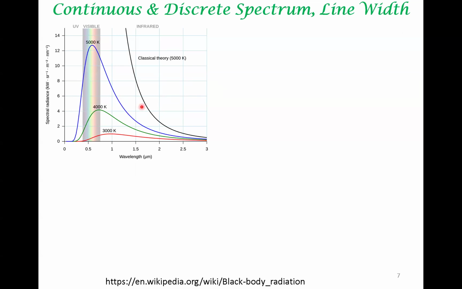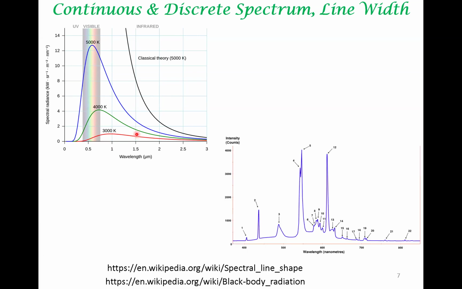We won't go into the microscopic reasons why that is so, but this is a good example of a continuous spectra. As opposed to that, the spectra from an alpha decay is a discrete spectra.